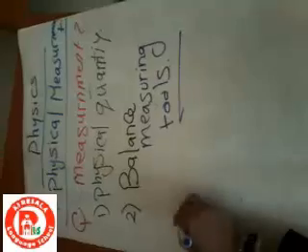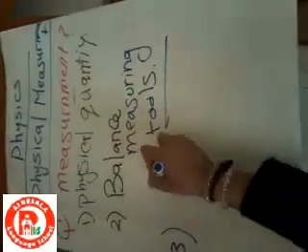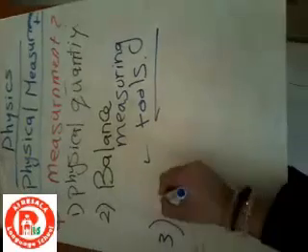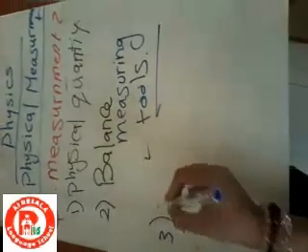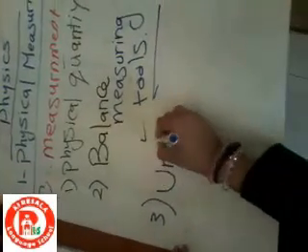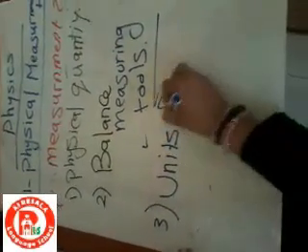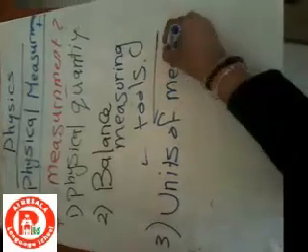Third factor: I measure the mass of an orange by using the balance. What will be the unit for this quantity? We know that mass is measured in kilograms or grams. So the third factor will be the units of measurement.